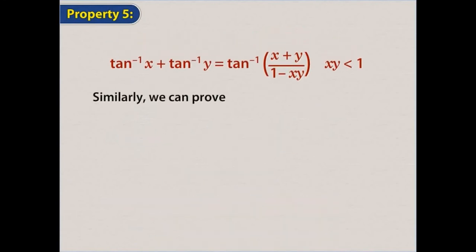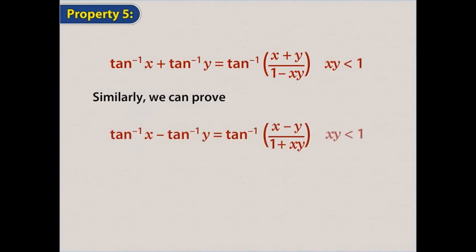Similarly, we can prove that tan inverse x minus tan inverse y equals tan inverse of x minus y within brackets whole divided by 1 plus product of x and y with the condition xy is greater than 1.